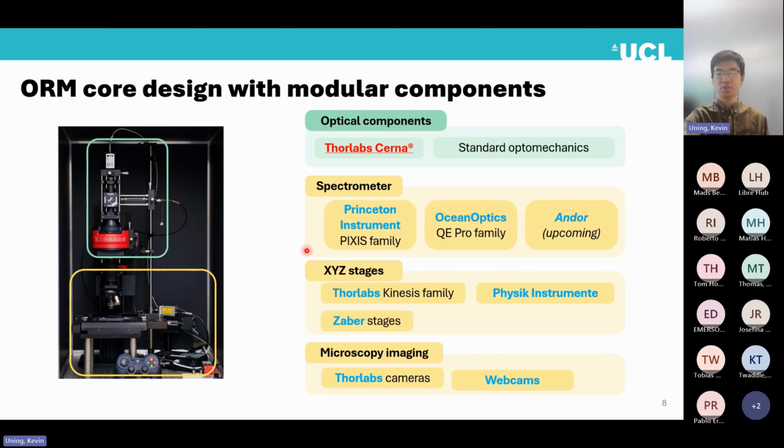For the spectrometer, we support the Princeton Instruments Pyxis family, the Ocean Optics QE Pro family, and it is still in development, but we will be supporting the Endor spectrometers as well. As for the XYZ stages, we have the Thorlabs Kinesis family, Physik Instrumente XY stages, as well as the Zaber stages. And for the microscope imaging, we support any kind of Thorlabs scientific cameras, as well as webcams.